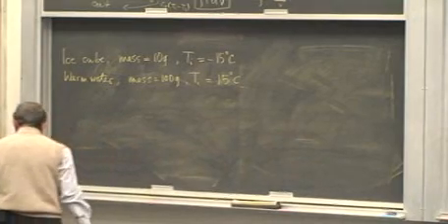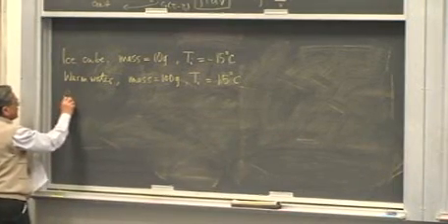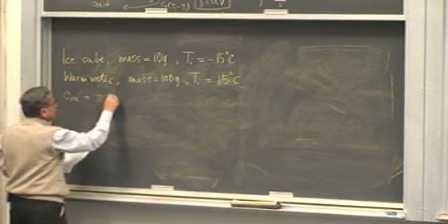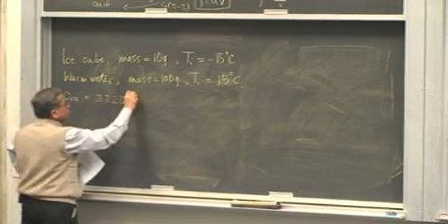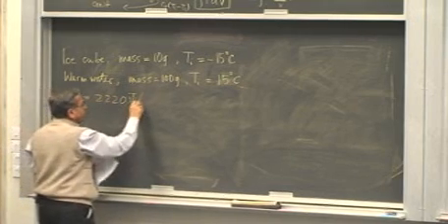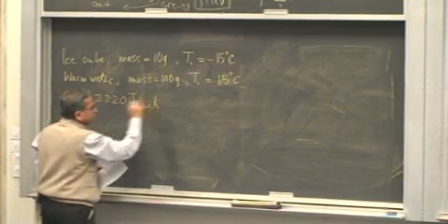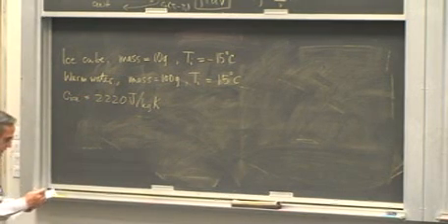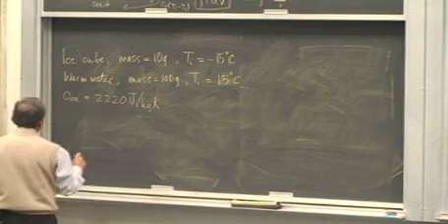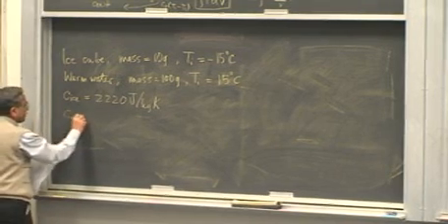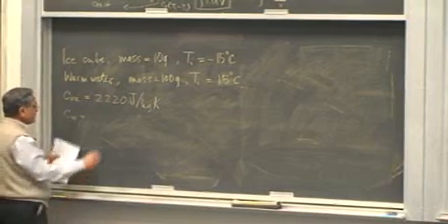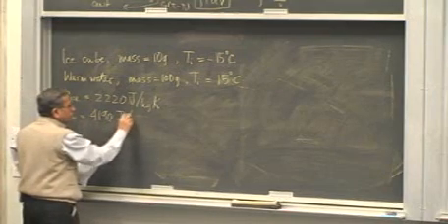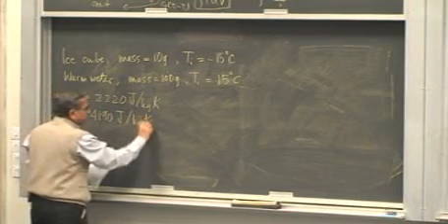And we need to know the heat capacity of ice, that is given to us. It is 2220 joule per kg per degree Kelvin. This is nearly correct, nearly the right number. And the heat capacity of water is 4190 joule per kg per degree Kelvin.